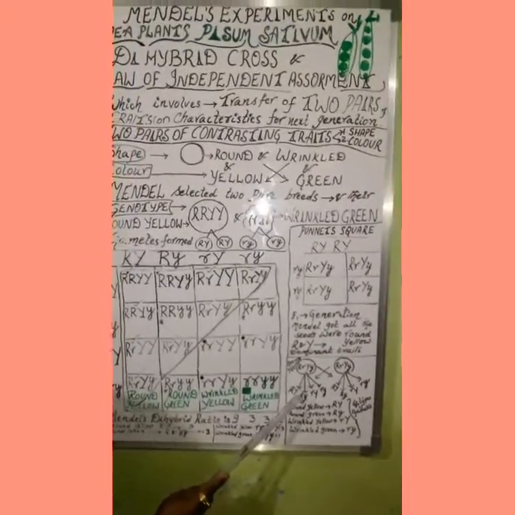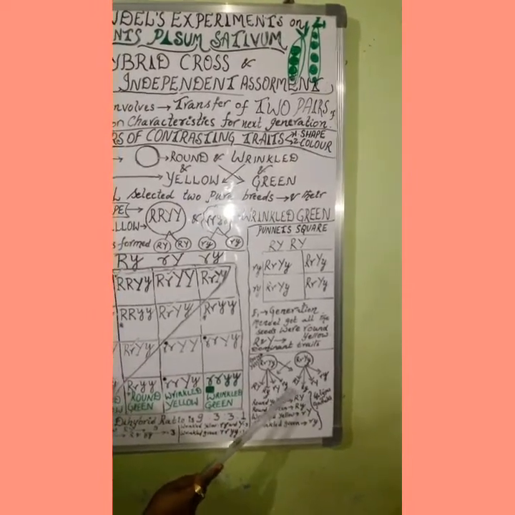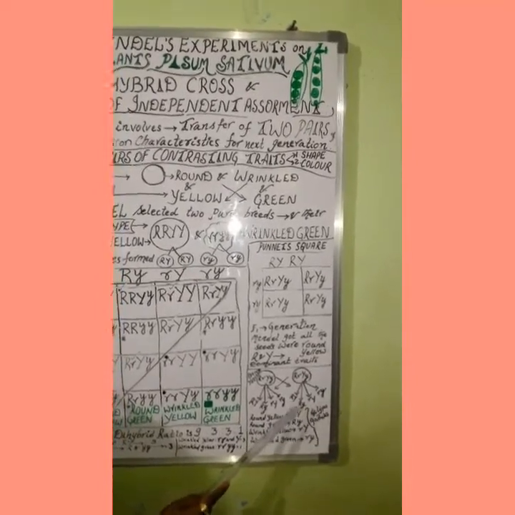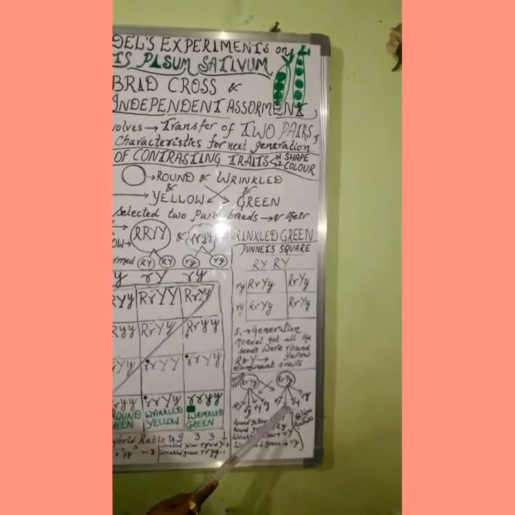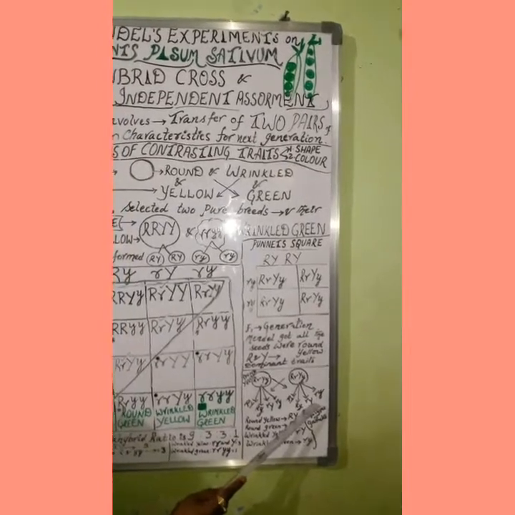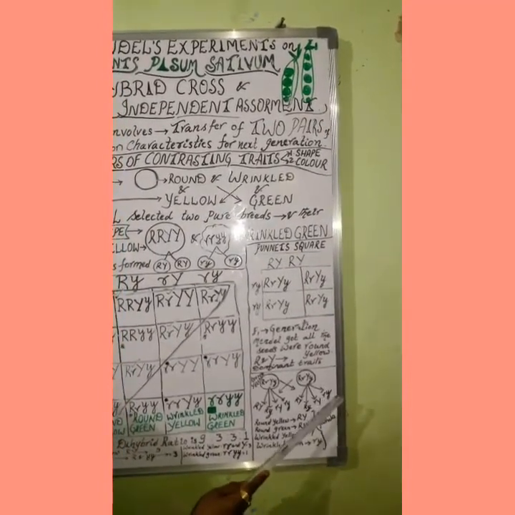When he crossed these two plants from the F1 generation, four gametes were formed in the first plant: capital R, capital Y, capital R, small y, small r, capital Y, and small r and small y. For the next plant also, he got four gametes: capital R, capital Y, capital R, small y, small r, capital Y, and small r and small y.